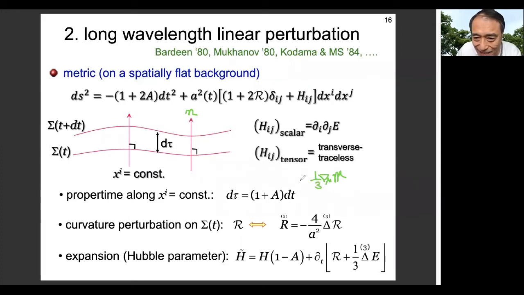Yes, this is the definition for any hypersurface. If you give a normal vector, then you take the divergence of the normal vector. So that's the definition of Hubble expansion. I see. Okay, is it okay? Yes.